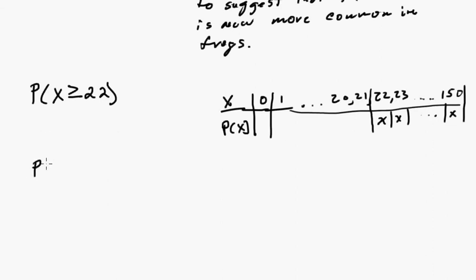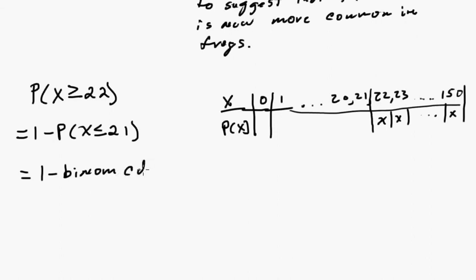So this could be equal to 1 minus the probability that x is less than or equal to 21. And so that would be 1 minus binomCDF, and we go n, p, x.